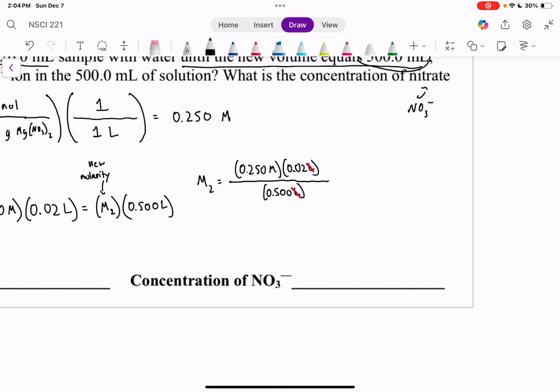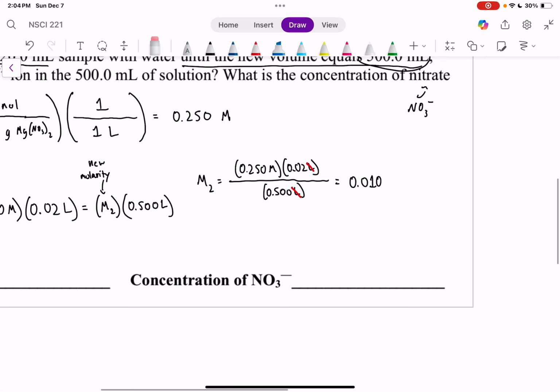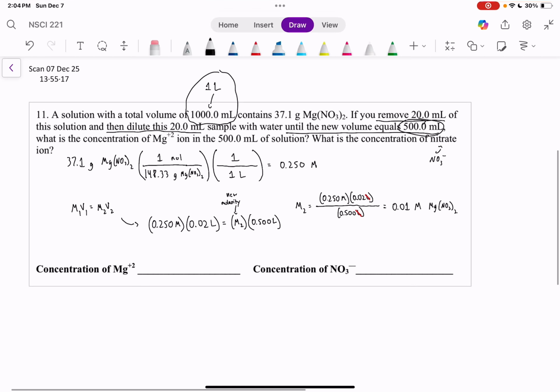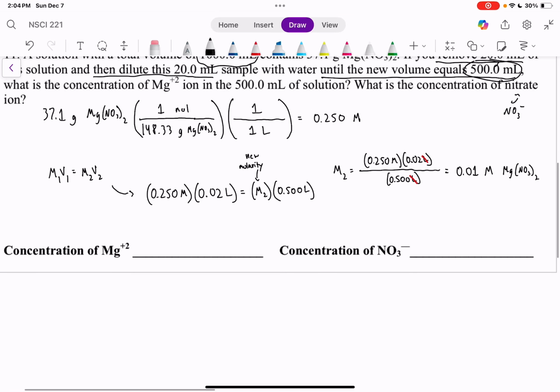Liters cancels, and we should be left with, let me do the math really quick, 0.005 divided by 0.5, which is 0.01 molar of Mg(NO3)2.